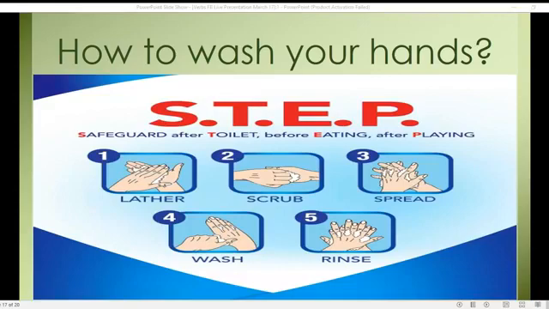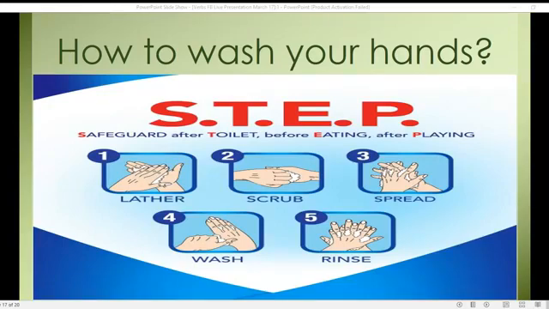So, ma'am, another example. Scrub. Sige. Okay, I will search muna kung ano yung mga possible na sentence.